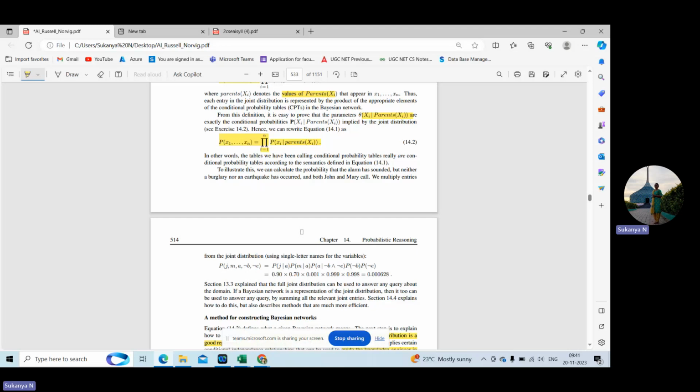So comparing this first equation and second equation, what can we say? This rule we can call the chain rule, where it holds for the random variables.